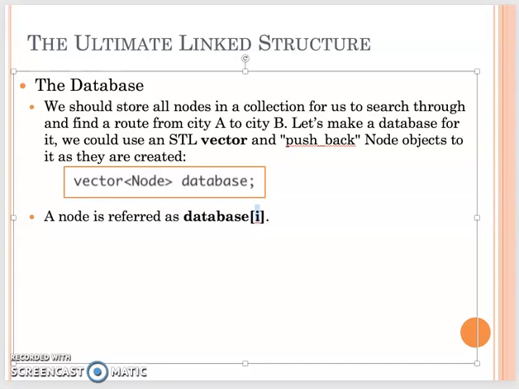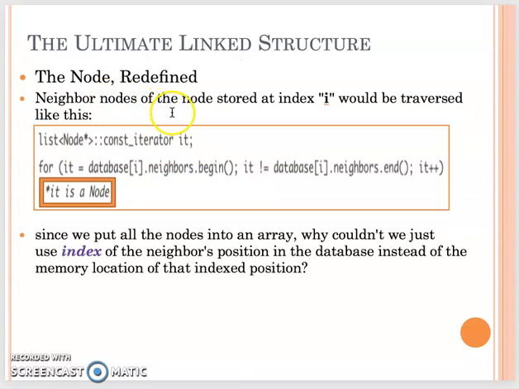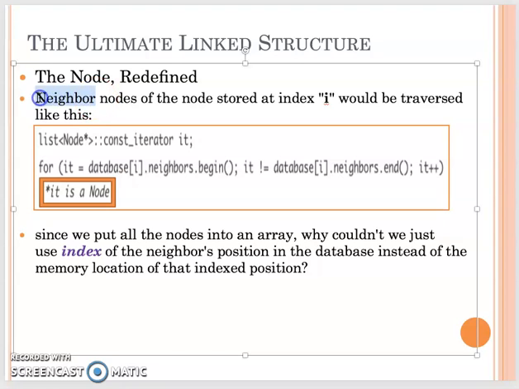So let's see again how we will access our node's neighbors. Like earlier we said, our neighbor is a list of nodes, right? My data type is actually the node. So I can have an iterator it to traverse from begin to end. Here the it refers to the data type, which will be the node.